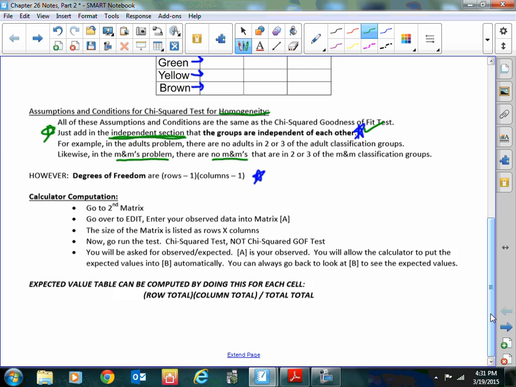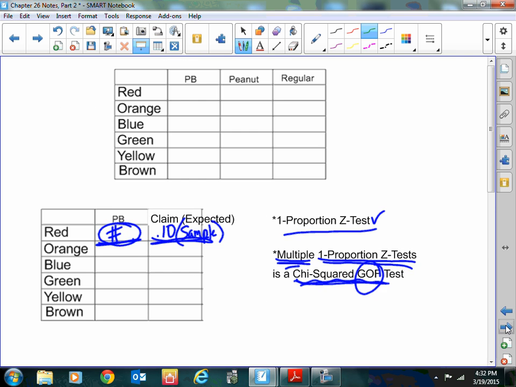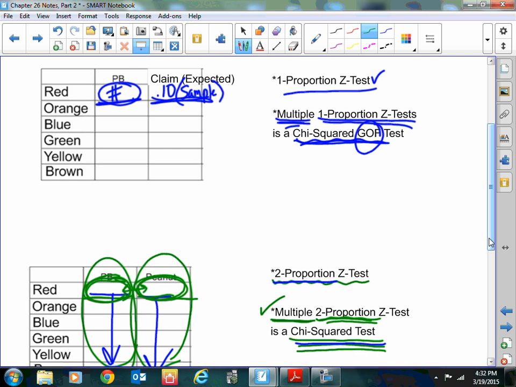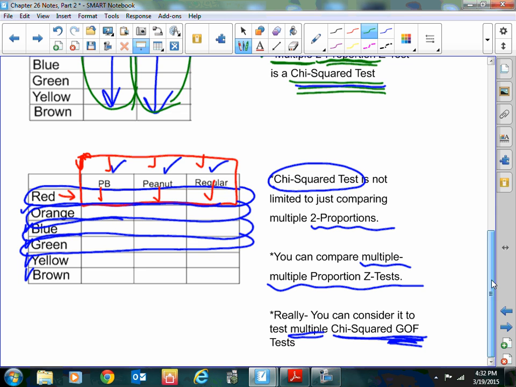Okay, the other difference is degrees of freedom. We do not just do categories minus 1 as we did in the goodness of fit. We do categories minus 1 like we used to, but we don't just have this one column.